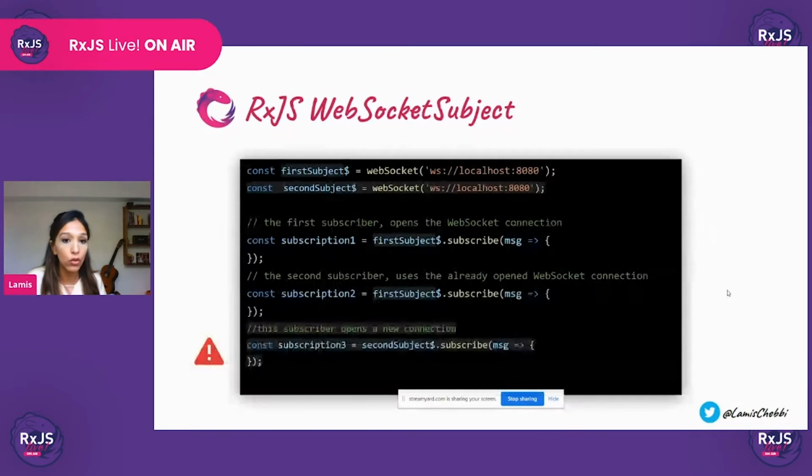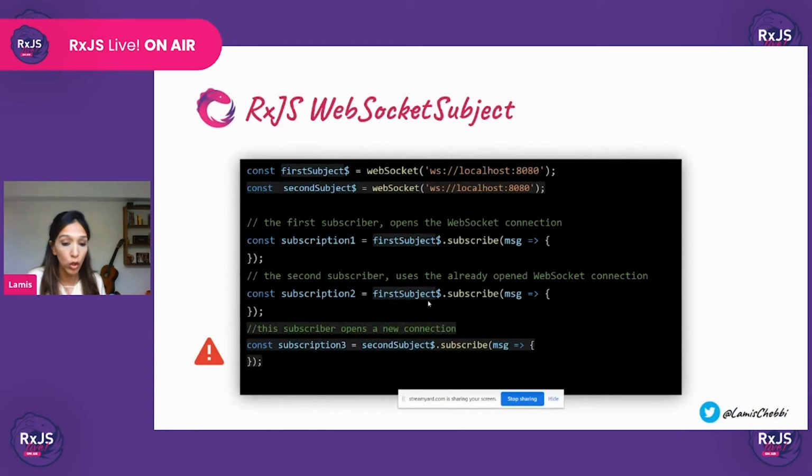This is what it looks like in terms of code. I created two instances of the WebSocket subject, but pointing to the same URL. I did this on purpose. Here I have the first subscription, which will open the WebSocket connection. Then the second subscription will not open a new connection, because I'm still subscribing to the same instance of the subject.